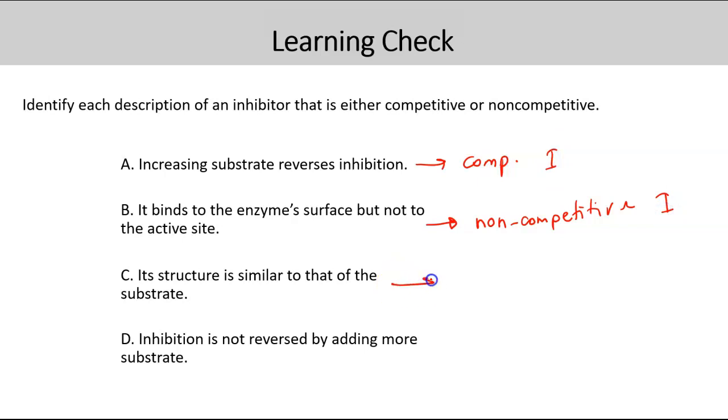Its structure is similar to that of the substrate: competitive inhibition. Inhibition is not reversed by adding more substrate: that is non-competitive inhibition. Okay, so those are the answers.